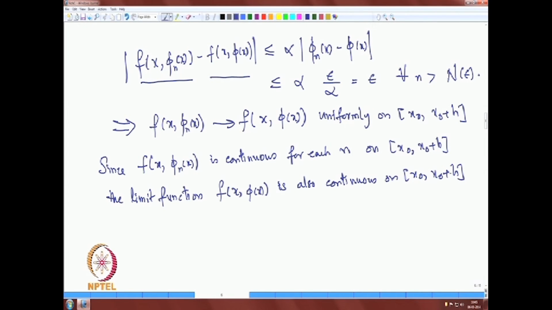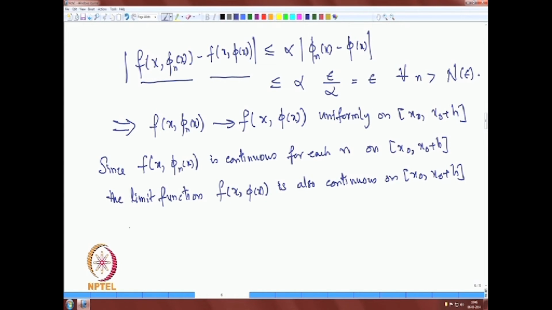The convergence is uniform, and each term of the sequence is continuous and the sequence converges uniformly. So, the limit function is also continuous, which follows from the theorem we discussed in the preliminaries.